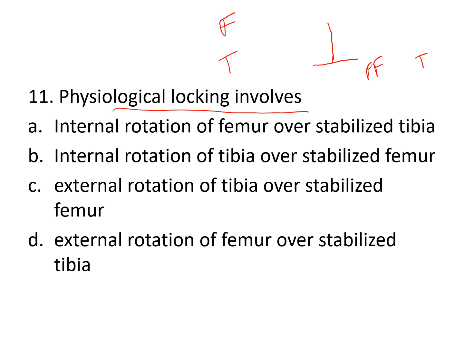So, physiological locking involves internal or medial rotation of femur over the stabilized tibia. Correct. This is wrong. External rotation of tibia over stabilized femur. So, the answer when the foot is on the ground is this one. When the foot is off the ground is this one.